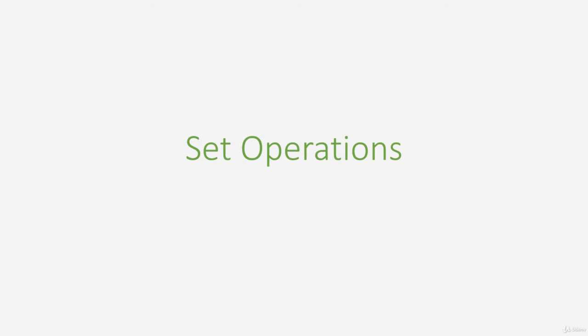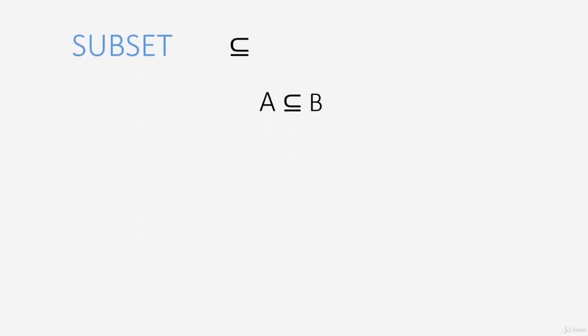In the previous lecture, we defined what a set is, and in this lecture, I will show you what we can do with sets. In other words, what operations we can do with sets. The first operation is called subset, and it is similar to the smaller than or equal to sign, but this one is more round.